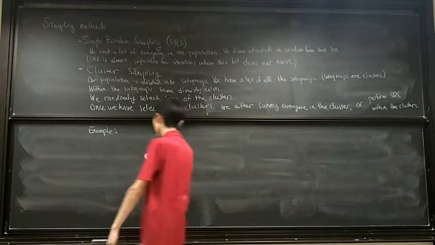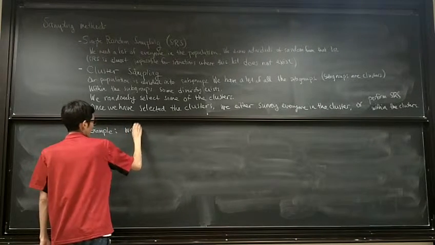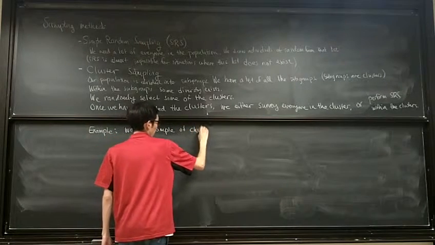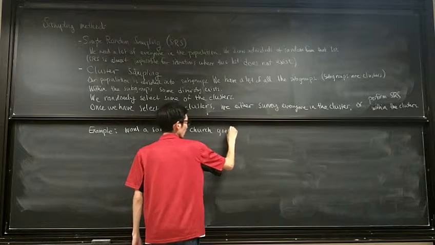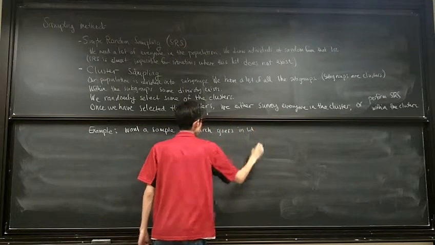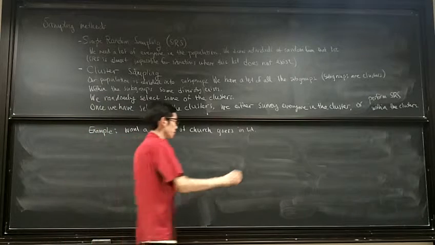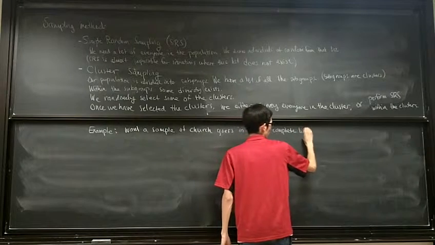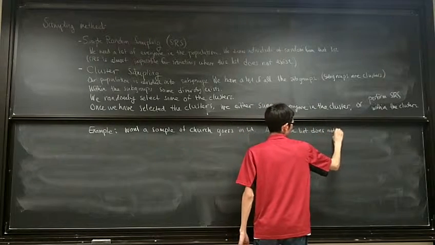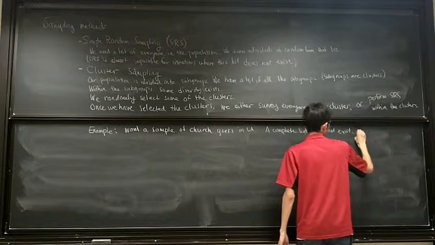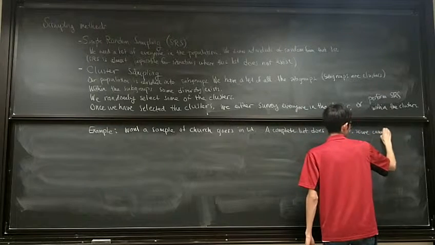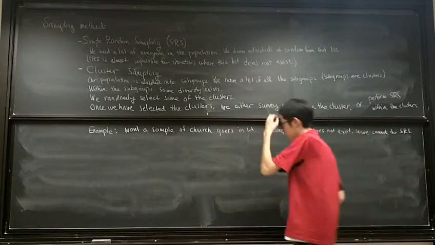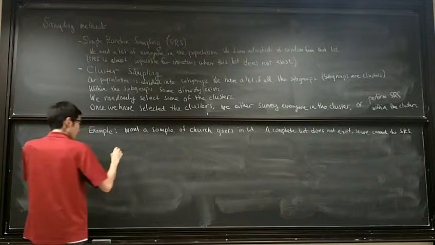Okay. So let's say we want to sample churchgoers in LA. Okay. So a complete list does not exist. So we cannot do simple random sampling. Okay. So instead, I make a list of all the churches.